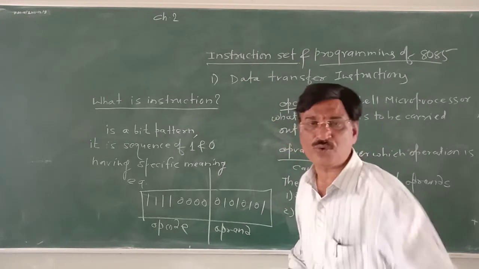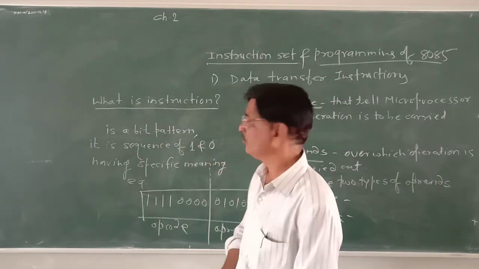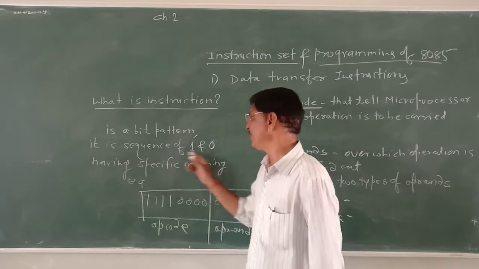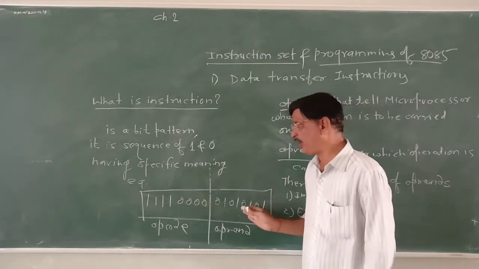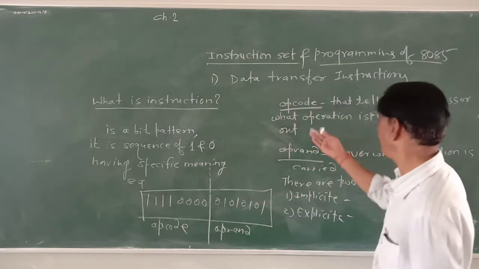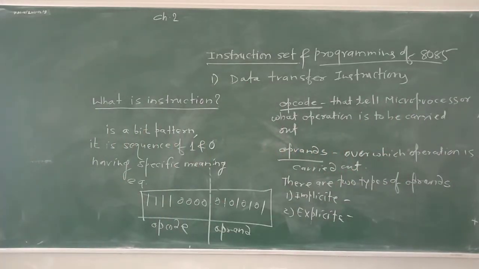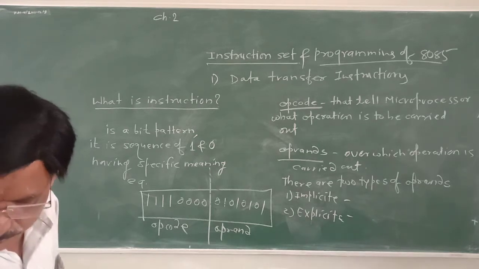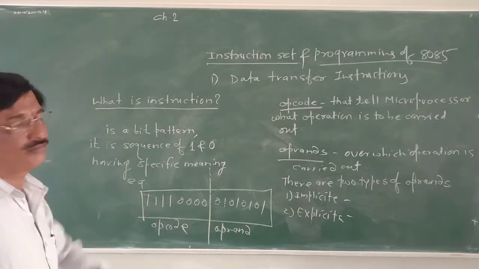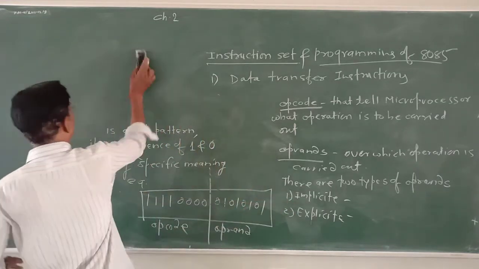The various types of instructions we have seen, how they are categorized. But before that, what is instruction? It is a bit pattern, a sequence of 1 and 0 having specific meaning. Every instruction is divided into two parts, that is opcode and operands. What is meant by opcode? What is meant by operands? What are the two types of operands? You take down. Now here we are going to see implicit and explicit in detail.